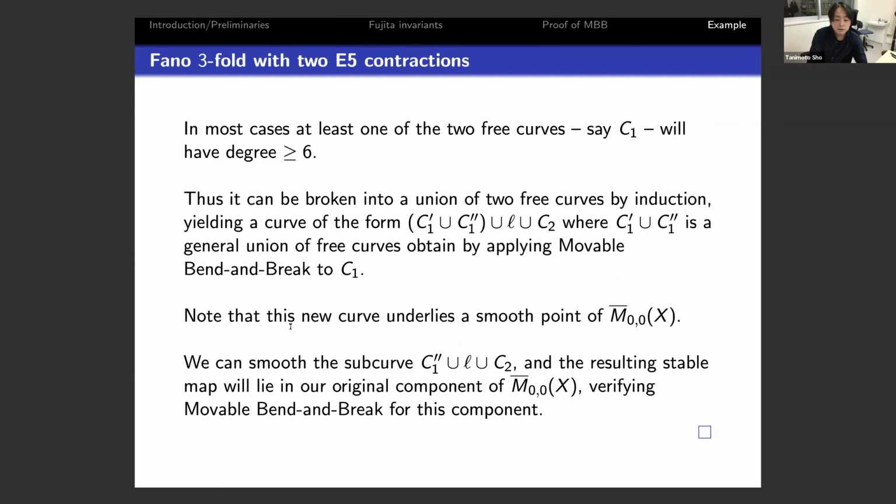Again, this new curve is also a smooth point of the moduli space. Then we can smooth the part C1 double prime, L, C2, and the resulting stable map will be in our original component. This is a free rational curve plus a free rational curve. So movable bend and break is verified.